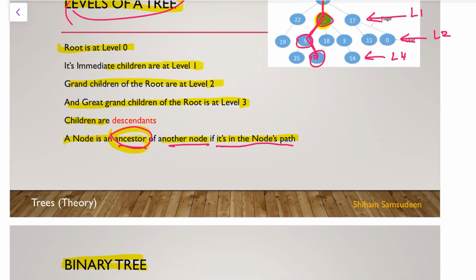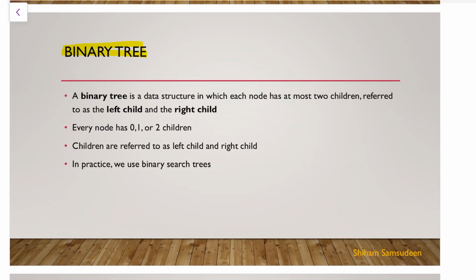So likewise. But here when it comes to binary tree, a binary tree is a data structure in which each node has at most 2 children. At most, that's the important bit. Each node has at most 2 children.